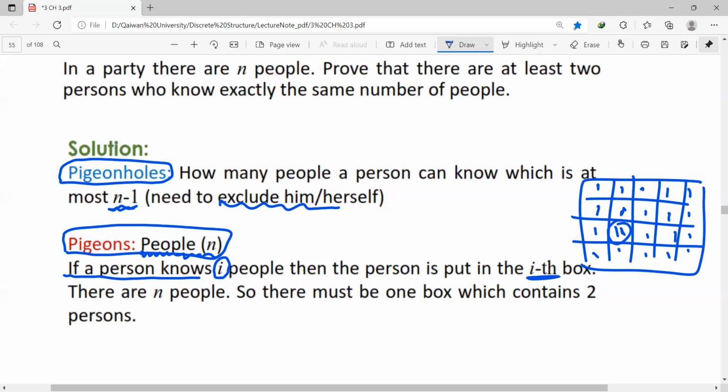That means you have two. So each pigeonhole contains those people who know the same number of people. That means here you have at least these two persons who know each other and don't know others. So here we have at least two people who know the same number of people. Each of these knows only one.